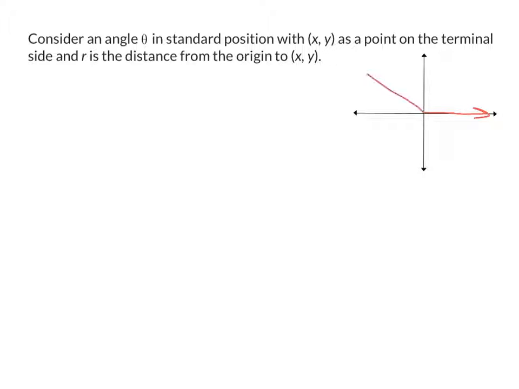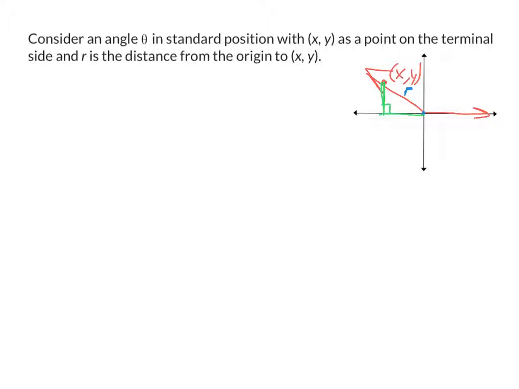We'll just put it over here, I guess. And so we'll say that x comma y is sitting right there. Now r is our distance from the origin to x comma y, so that length right there will be r, that segment. And then what I can do is drop an altitude down to create a right triangle.